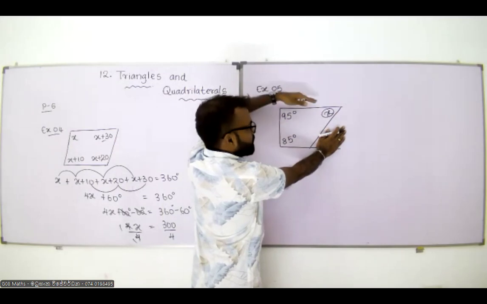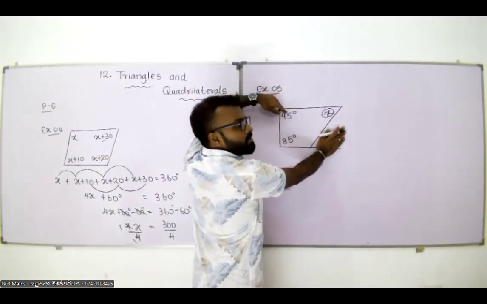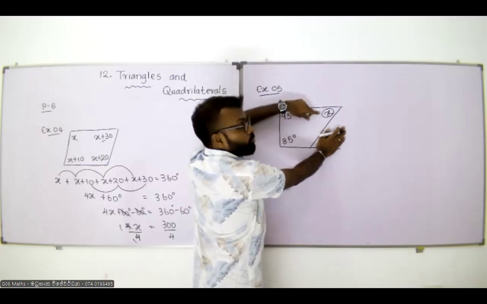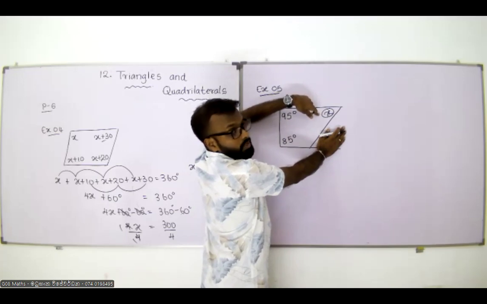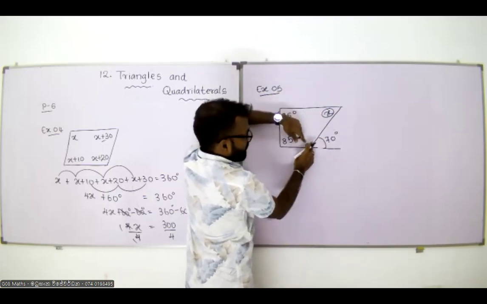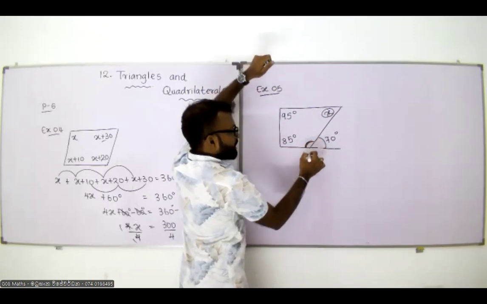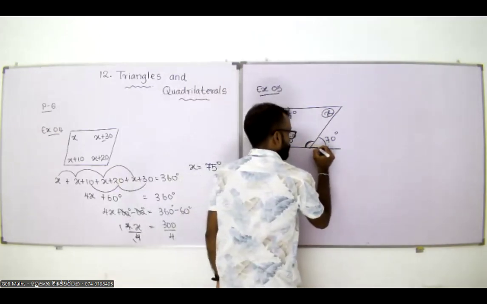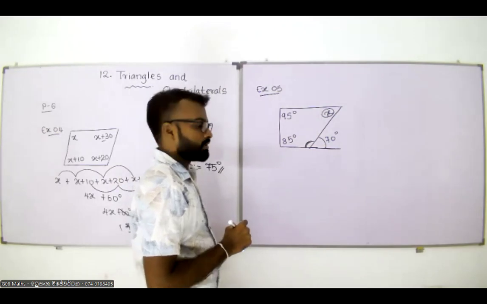You know the value of this interior angle and this interior angle, but you do not know the value of x. This angle is not known either. How are you going to find it? You know how to find it.